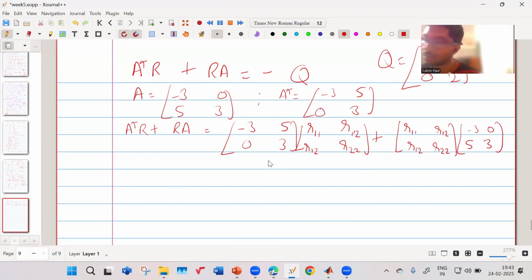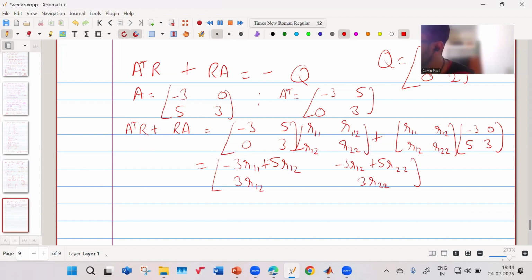So this will be equal to minus 3 R11 plus 5 R12, minus 3 R12 plus 5 R22, and this will be 3 R12 and 3 R22, plus minus 3 R11 plus 5 R12, and then 0 into R11 and 3 R12.